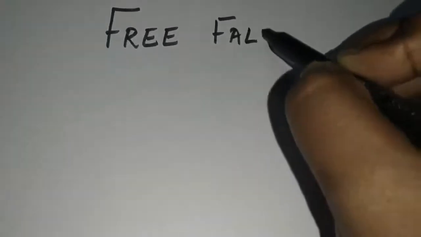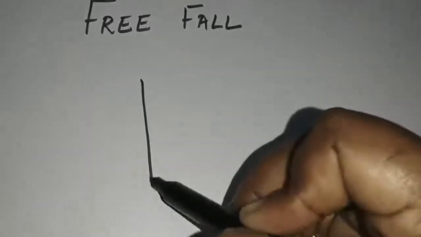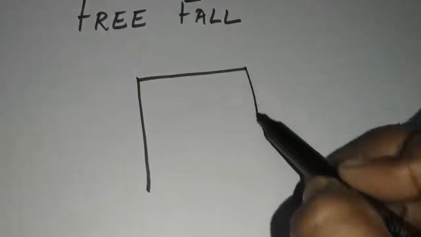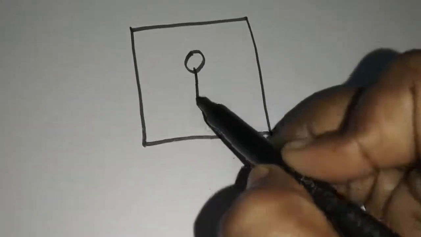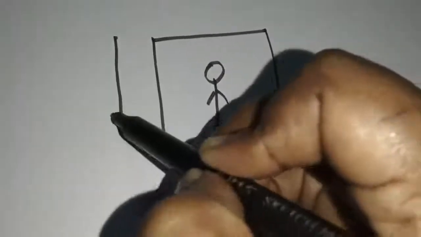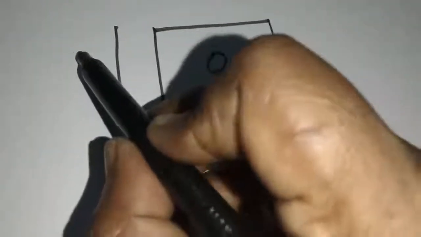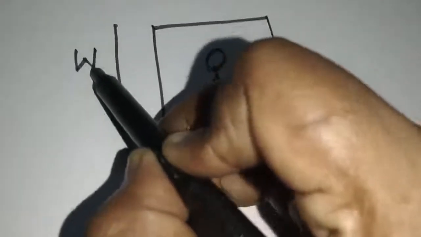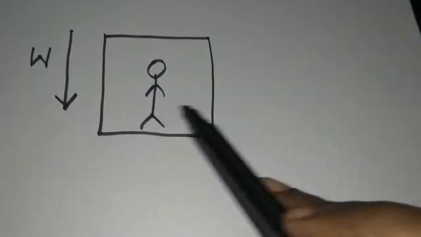And then our last condition, free fall. Consider a lift and a person standing inside the lift. Downward arrow mark is for actual weight W, and here apparent weight R is absent.